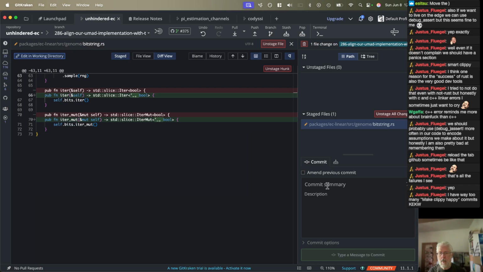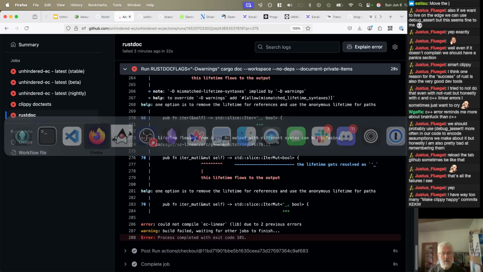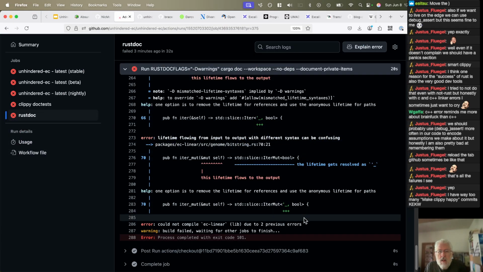So what is the lifetime? Lifetime flows from input to output with different syntax can be confusing.